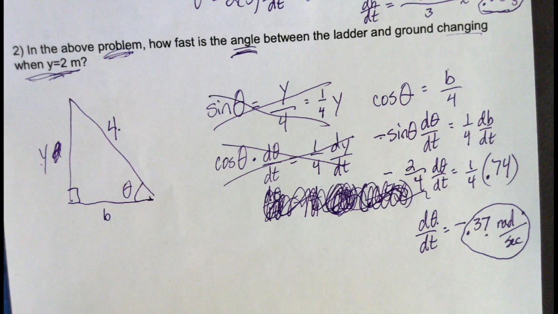Y'all remember that? Second is a ladder, so that's going to be a right triangle. Number 3 is a cone, again very similar to our first example. And number 4 is something going due west and due north, so their distance would form a right triangle. So really it's like the ladder problem.